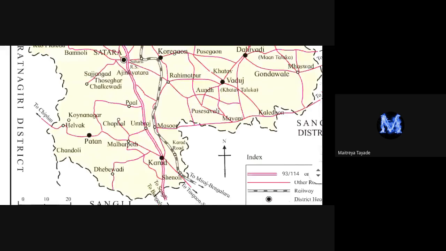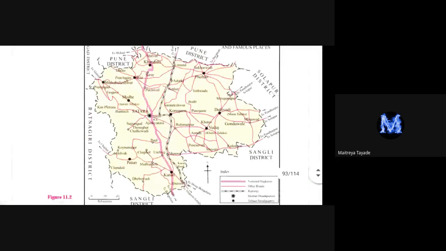So basically, where the population is very high, where there is an industrial area, and where there is a tehsil headquarters, in those regions there is a highly dense network of roads. Now let's take the next question.